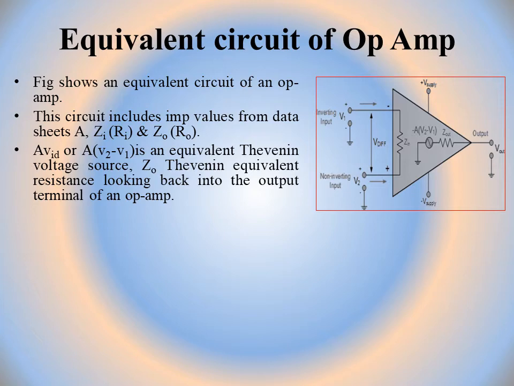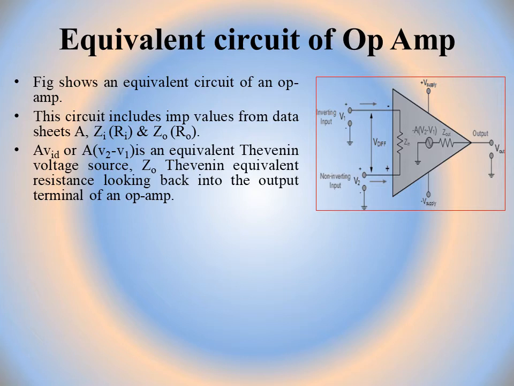A data sheet is, when an op-amp is designed in a factory, the manufacturer calculates the data of the respective op-amp, and these are kept in table form and provided when the op-amp is purchased, or they are provided online. So these are called data sheets.